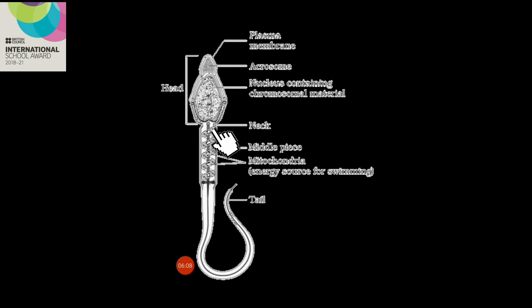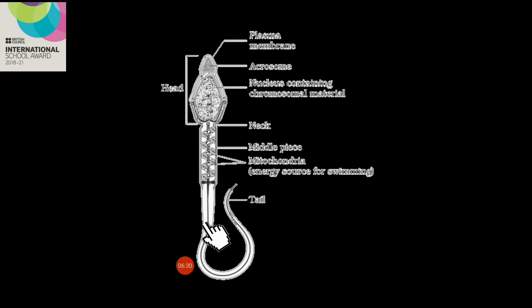The third part is the middle piece. Middle piece contains numerous mitochondria in it. This mitochondria will provide energy for sperm movement. In addition to that, it will facilitate the programmed cell death. Okay. And the last part of the body of the sperm is tail region.